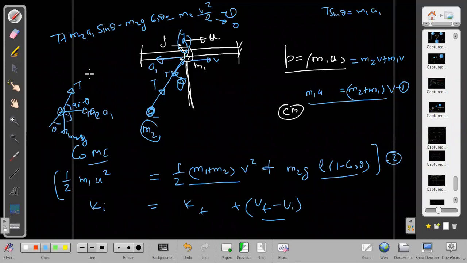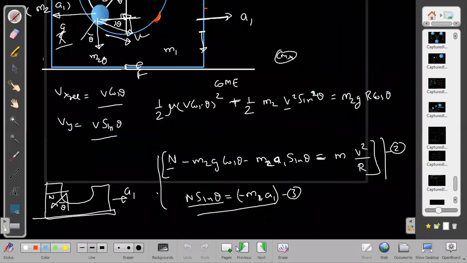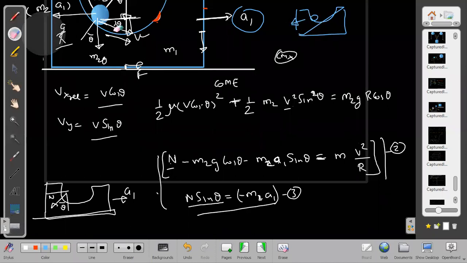Sir, why did you take acceleration opposite? Acceleration will be along the direction of the force acting on it. The force acting on it is on the left-hand side. Last time I committed this mistake, and I thought I should avoid it. I should not have taken acceleration this side last time, because I know the force acting on this while the ball is here will be a backward force. So how can the acceleration be right-hand side?